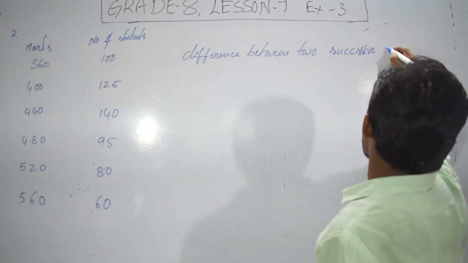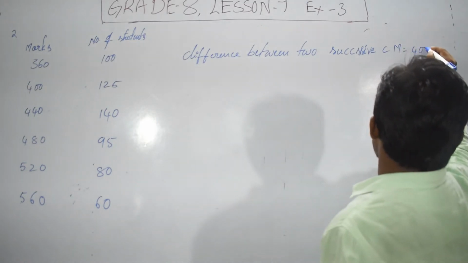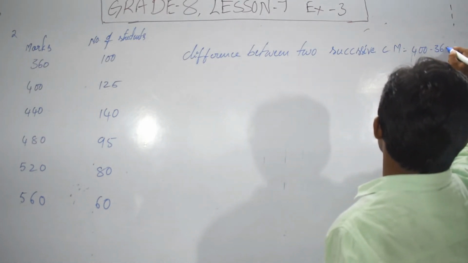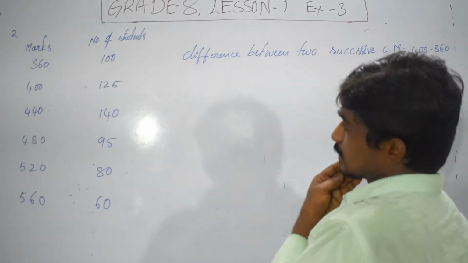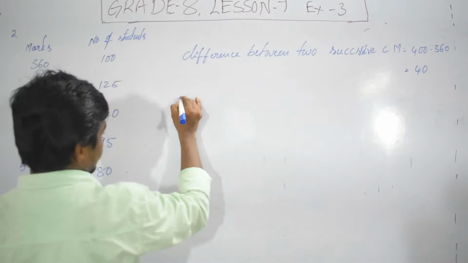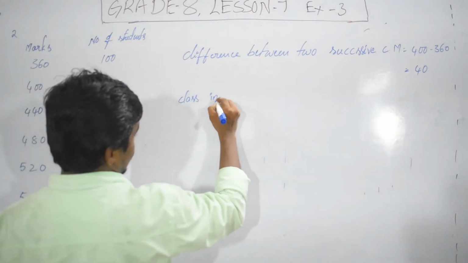Successive class marks. How much? 400 minus 360, 40. Now class intervals. How do we find the class intervals?